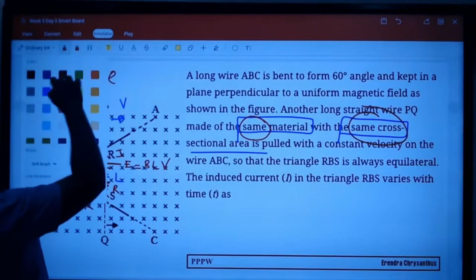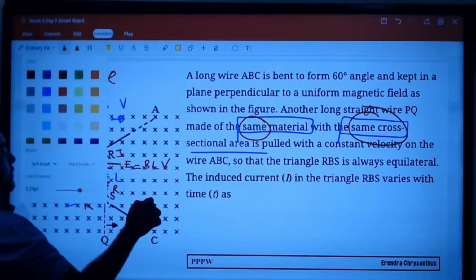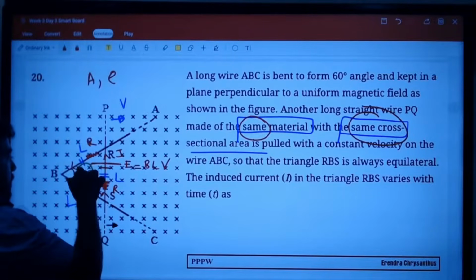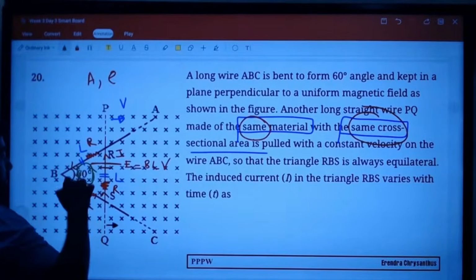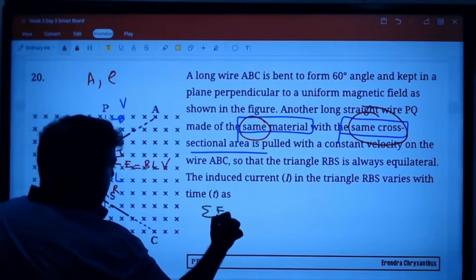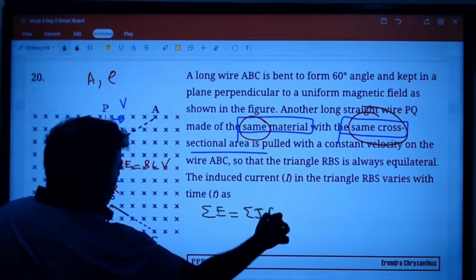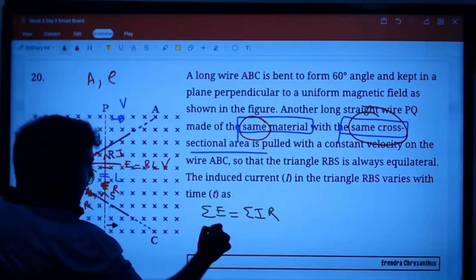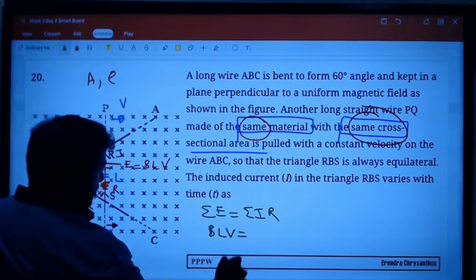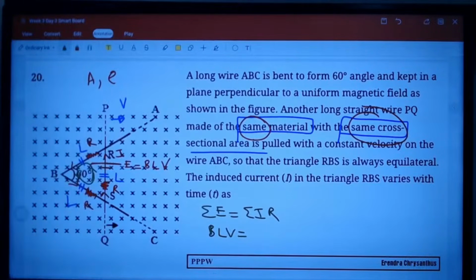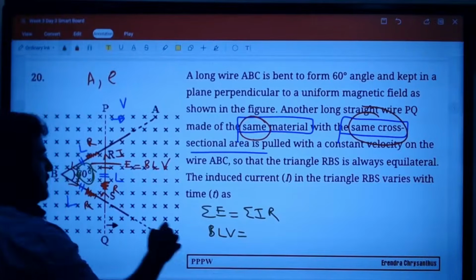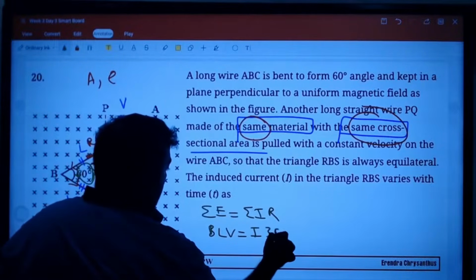Apply Kirchhoff's law. Minus to plus, sum of EMF equals sum of potential differences. Minus to plus, BLV. Current times how many resistors? 3 resistors, I times 3R, or I in series.